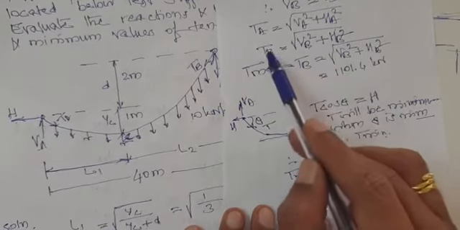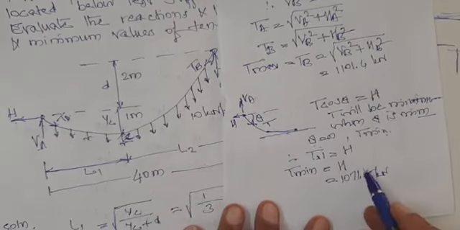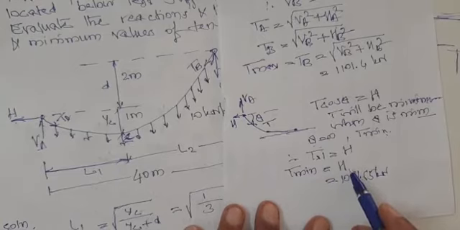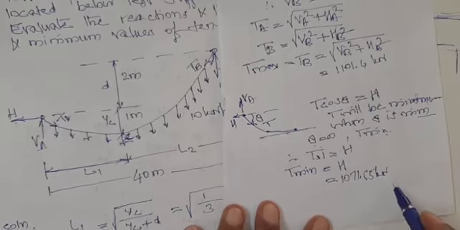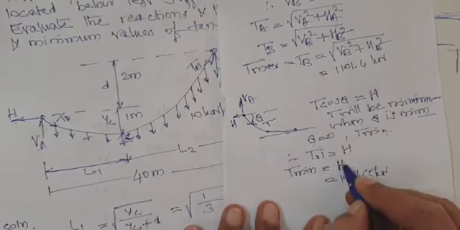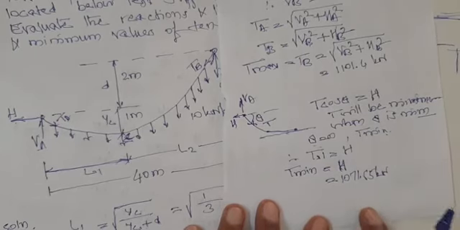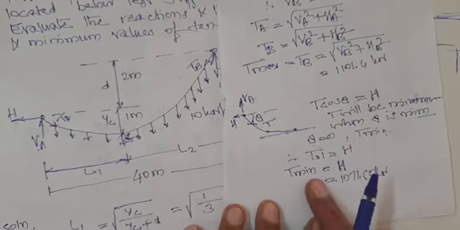If VB is greater than VA, TB will be maximum. But minimum tension is always H, the horizontal component of the support reaction. So T minimum is equal to H, that is 1071.65 kilonewton. Whether supports are at the same level or different levels, T minimum is always equal to the horizontal thrust itself, whatever the horizontal thrust is for that problem, that will become the minimum tension in the cable.